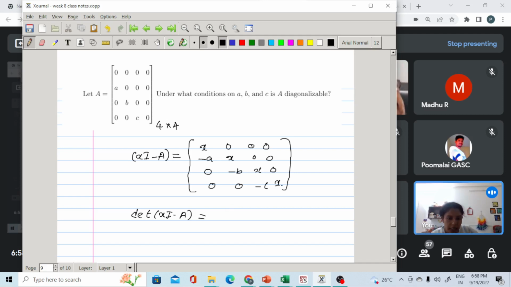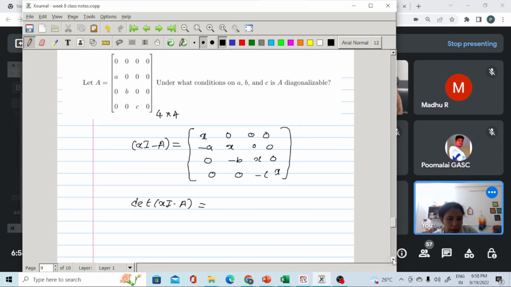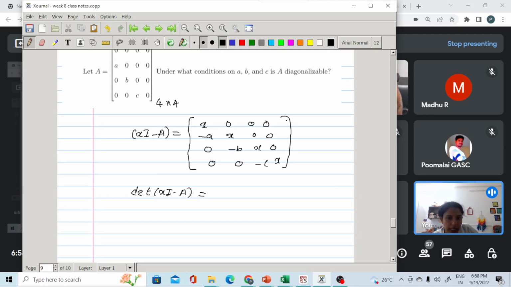This is a diagonal matrix, so it is very easy to find the determinant. It is x power 4. We just need to multiply the diagonal terms, all other terms will go to 0. So x power 4 is our characteristic polynomial.